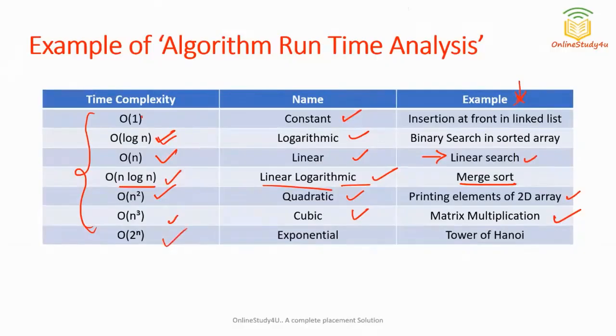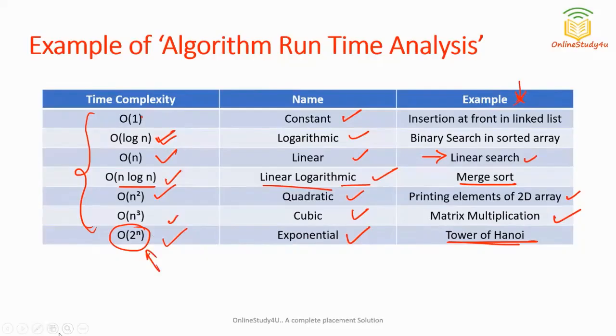And order of 2 power n is the largest time complexity. This is the worst time complexity, meaning the code will take a large amount of time. When the input increases, the time increases very heavily. It is called exponential, and we have a problem which we will study in algorithms, Tower of Hanoi, whose time complexity is order of 2 power n.